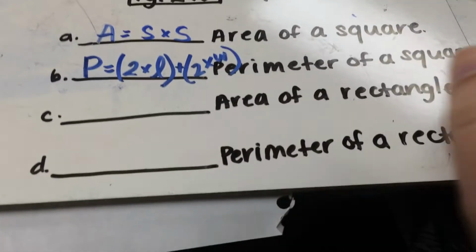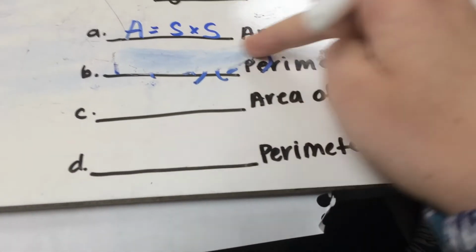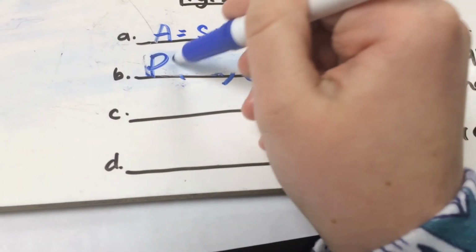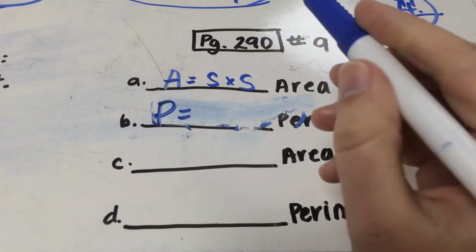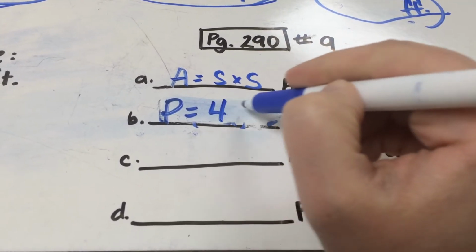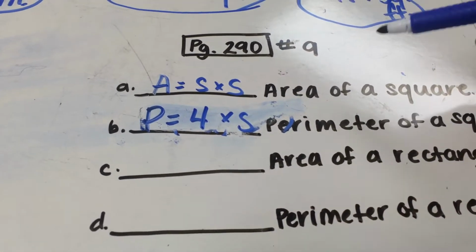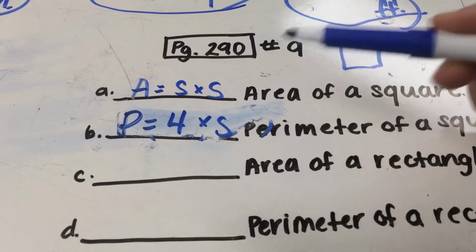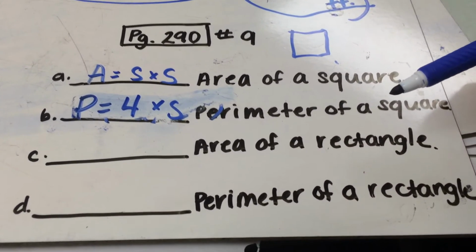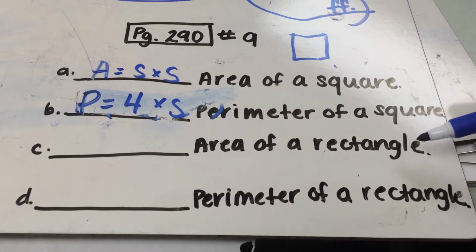Oh, I'm sorry, actually, that's not the right formula. Perimeter of a square, I apologize, I'm thinking rectangle. The square is 4 times your side. 4 times S, because you're going 1, 2, 3, 4. That's why. So 4 times your S. My apologies, I guess I don't have these memorized well enough.